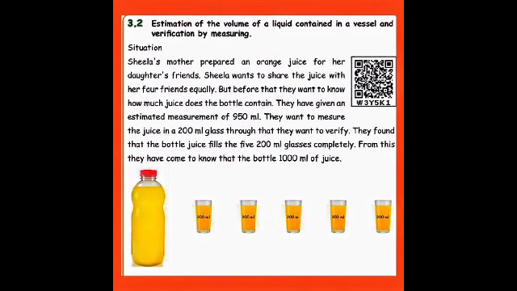While pouring, there will be 5 full glasses, which means that the bottle contains 1 liter, that is 1000 ml. That is an estimation. If we want 1000 milliliter of juice, but we have only 950, according to that they will give. Okay, ma'am. This way you have to measure.